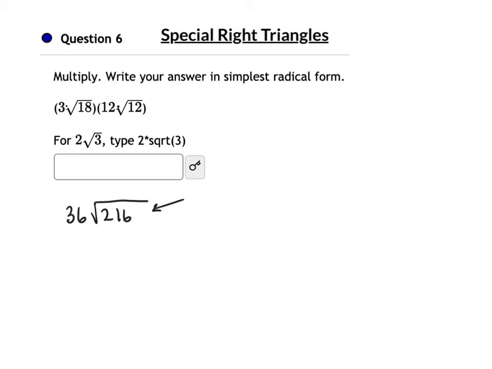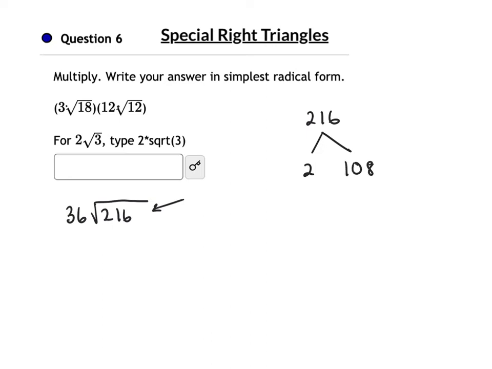There are some techniques we could use to do that. We could start with prime factorization of 216. This is the hard way, but you've probably done this before. Take your prime numbers, 2 is the first prime, and divide by 2. 216 divided by 2 is 108.